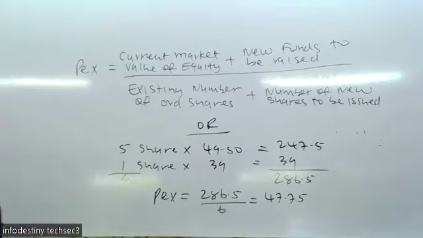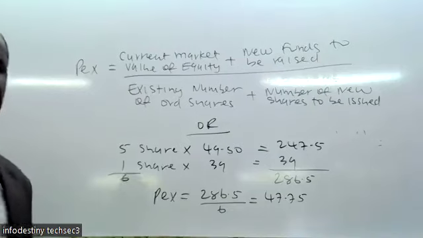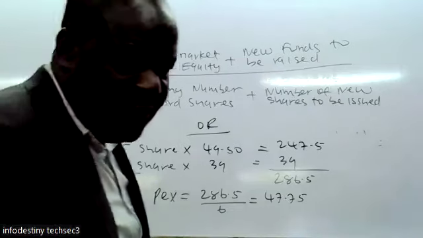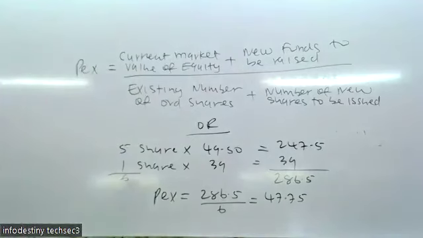So those figures are almost the same. So that is now your Roman letter 2, how you are to come up with the theoretical X-right price.